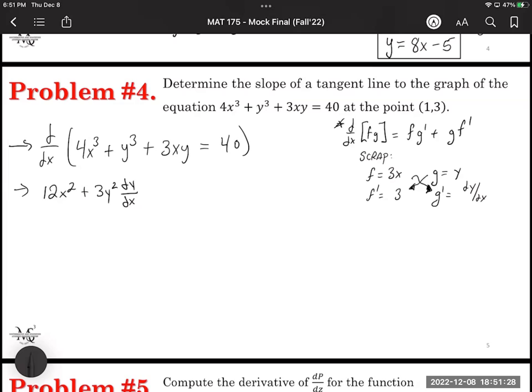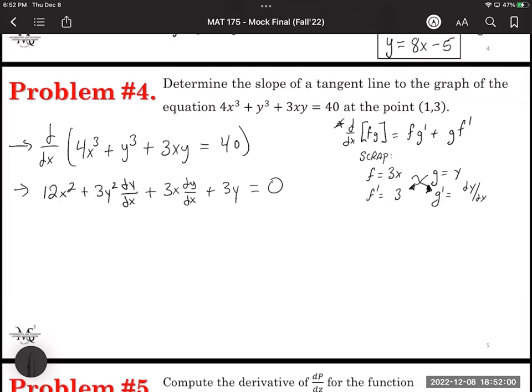So it's 3x times dy/dx, then g times f prime, that's going to be 3y. And lastly, the derivative of 40. 0. Okay, good. That was the calculus step.